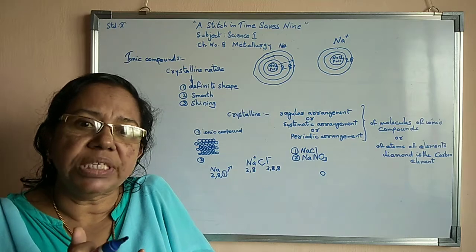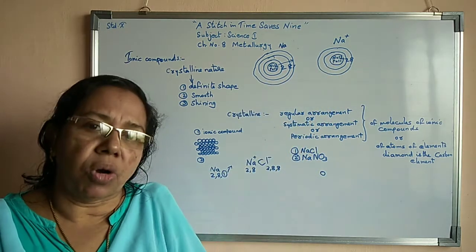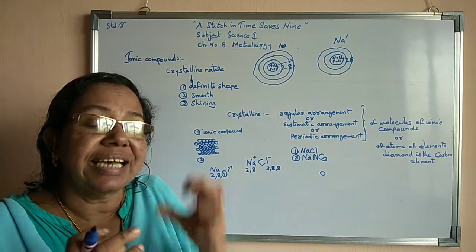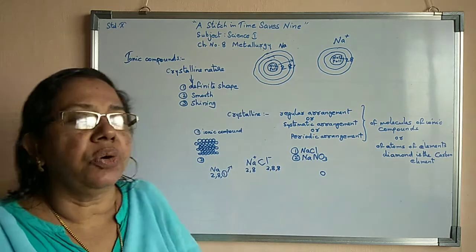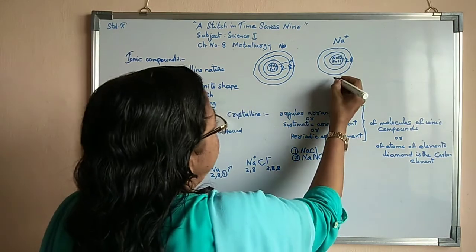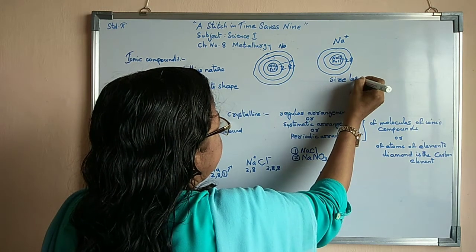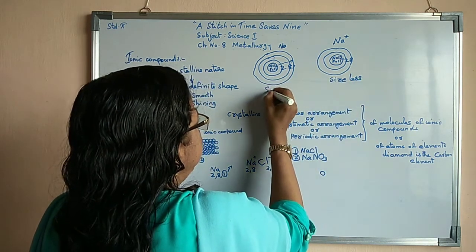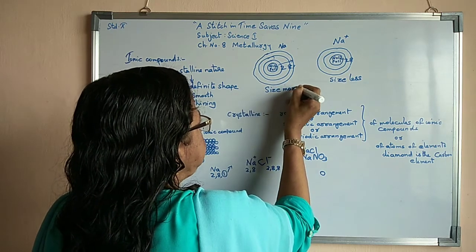Because of these two reasons, the pull from the nucleus is more. As a result, the size of the sodium ion in comparison with the sodium atom becomes less. So the sodium ion's size is less and the sodium atom's size is more.